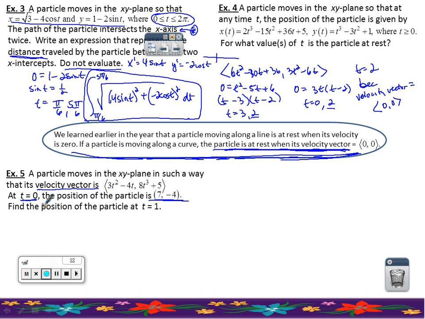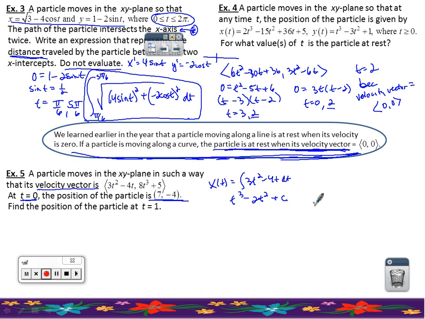So our x of t is going to equal the integral of 3t squared minus 4t. That's what's going to give us our x of t, right? So let's find that. We do the antiderivative. So what does that give us? Okay. And we find C.